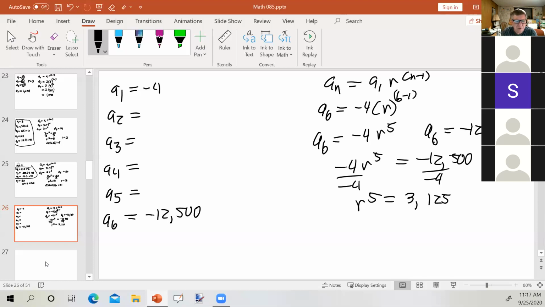Well, let's think about this. What number times itself ends in a 5? 5. Yeah. Can you think of any other number? A small number like 1, 2, 3, 4, 6, 7, 8. None of those end in a 5, do they?